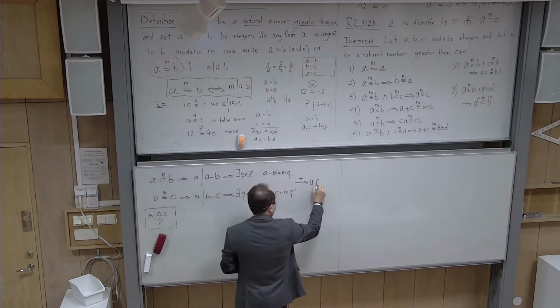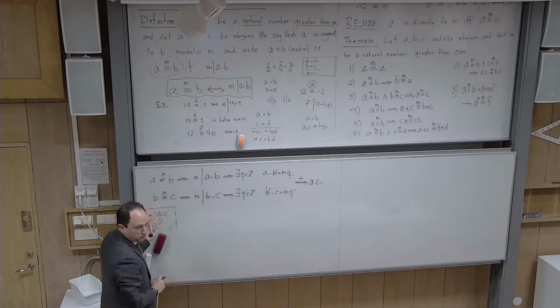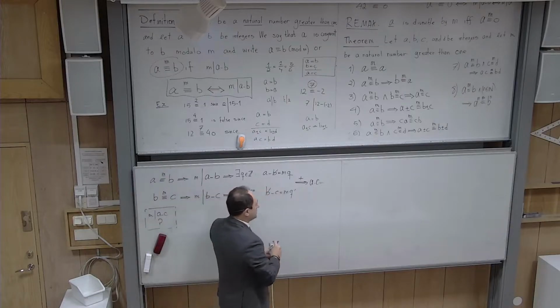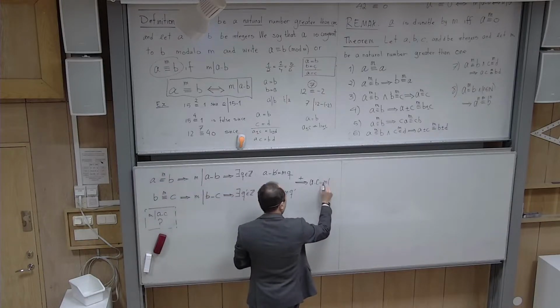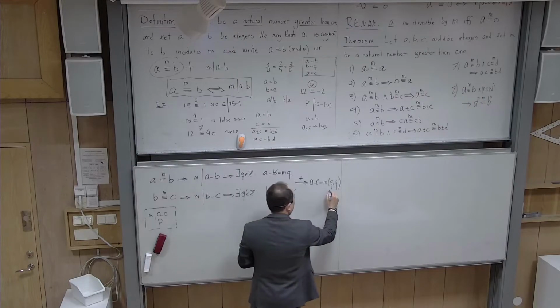And now hopefully you have enough experience. What do you suggest me to do on the right-hand side when I add them? Because I need a factor of m somewhere, and it is clear that I can factor this m out. So what is left? From here, q is left, plus from there, q prime is left. But am I allowed to call this a q in number theory here?